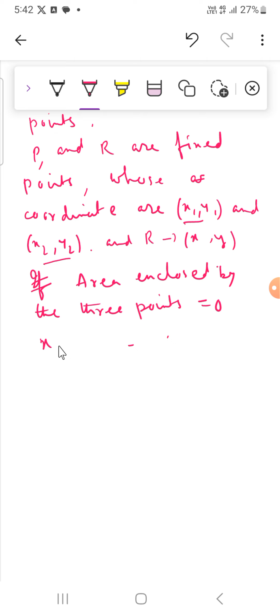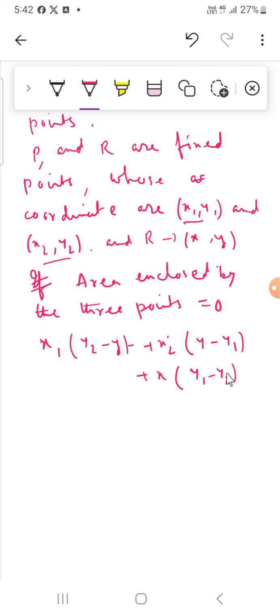x1 times (y2 minus y) plus x2 times (y minus y1) plus x times (y1 minus y2) is equal to 0.